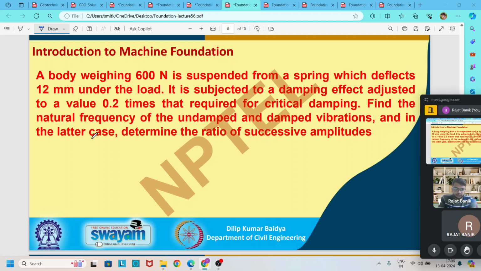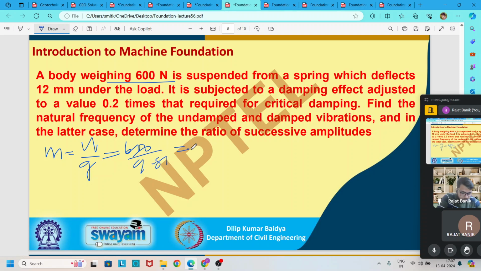First we find the mass of the system, which is m equal to W by g, which is 600 divided by 9.81, which is equal to 61.16 kg.